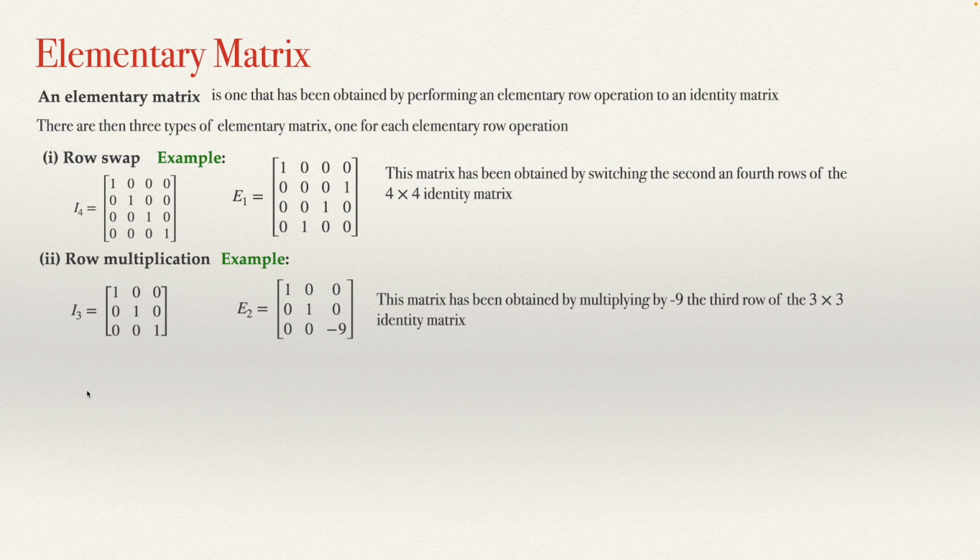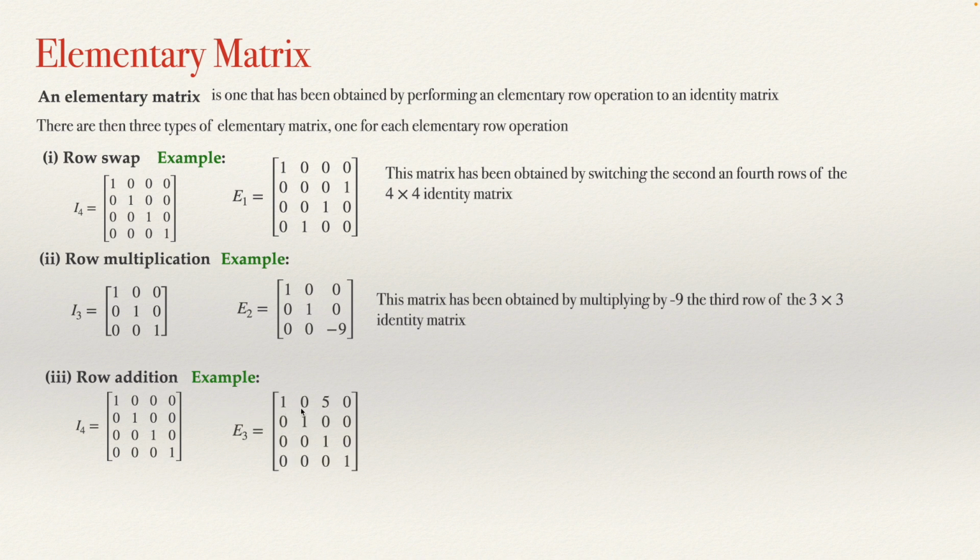Obviously, there will be elementary matrices in which we make a row addition to the identity. For example, again, if we have this E4, the 4 by 4 identity, and we make a row addition, for example, what happens if to the first row we add 5 times row number 3? What we're going to have is that the element here will be 5.